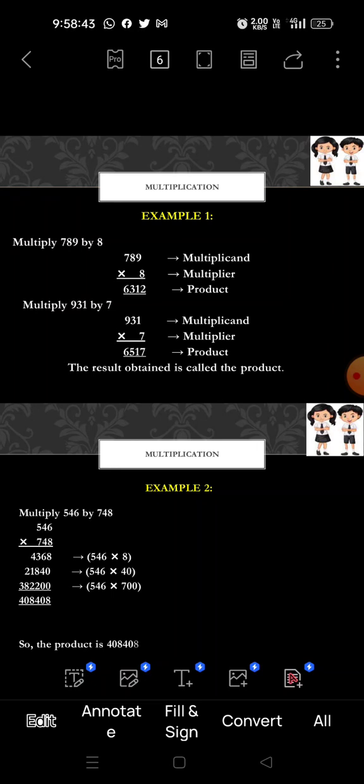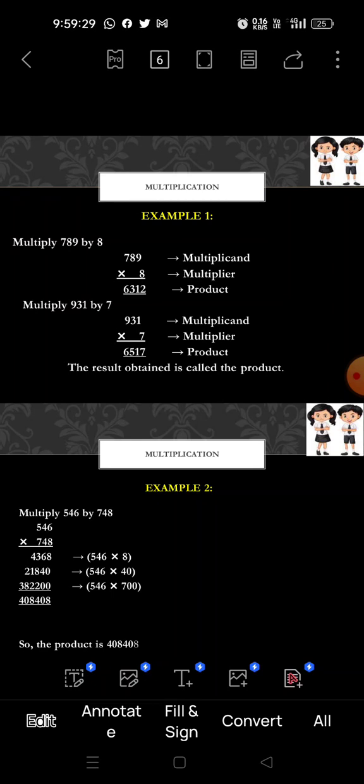So let's start. 8 nines are 72. We'll write 2 and take 7 as carry. Then 8 eights are 64, 64 plus 7 is 71.